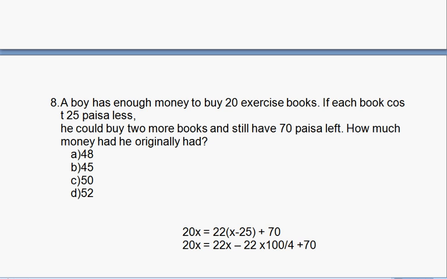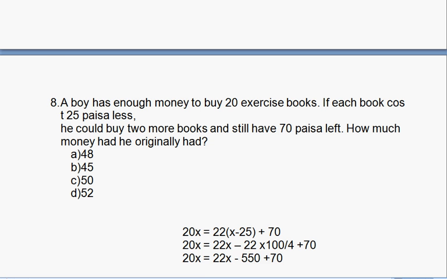So if we solve it, it would become 20x is equal to 22x minus 550 plus 70, right? So minus 550 plus 70 is minus 480, right?